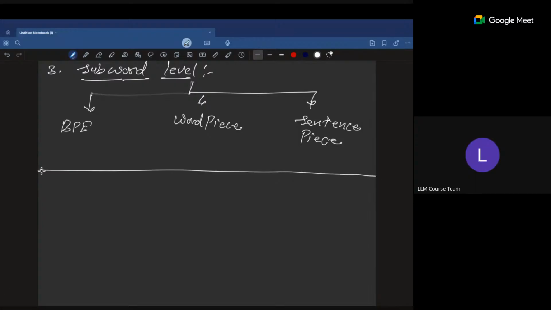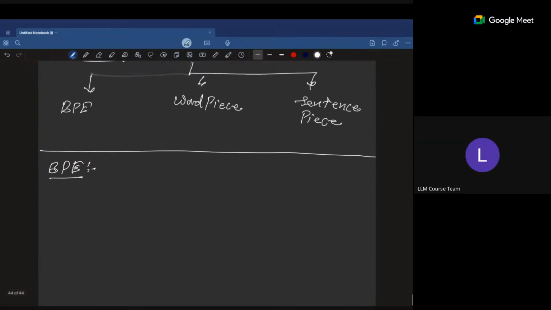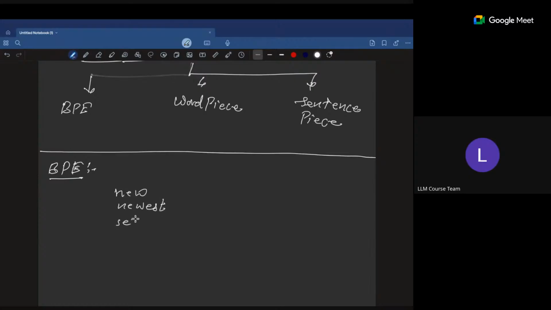I'll explain the steps of what the algorithm does. In the byte pair algorithm, let's say you have a corpus, a document with words like new, newest, set, or reset.